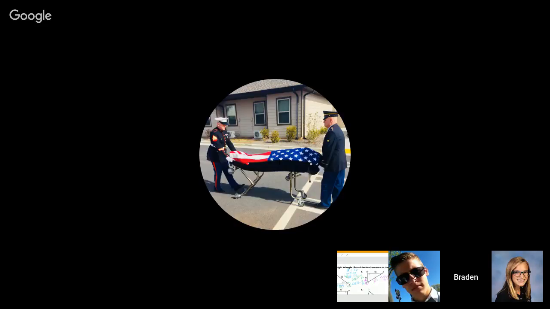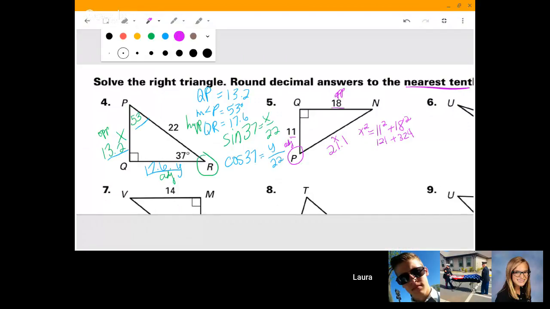For P, it's opposite. All right, I'll label with another color just so we're ready. When we're doing angle N, you said that 11 is the opposite, which makes 18 the adjacent, right? Yes, ma'am. Okay, y'all good with my color code? What goes with what? Yes, ma'am.